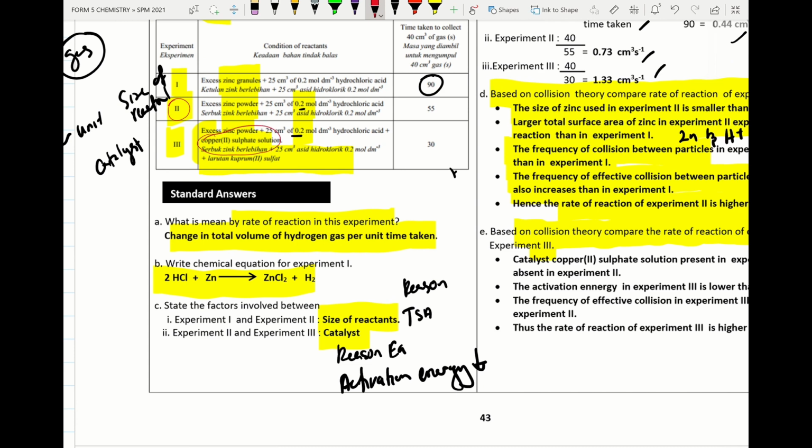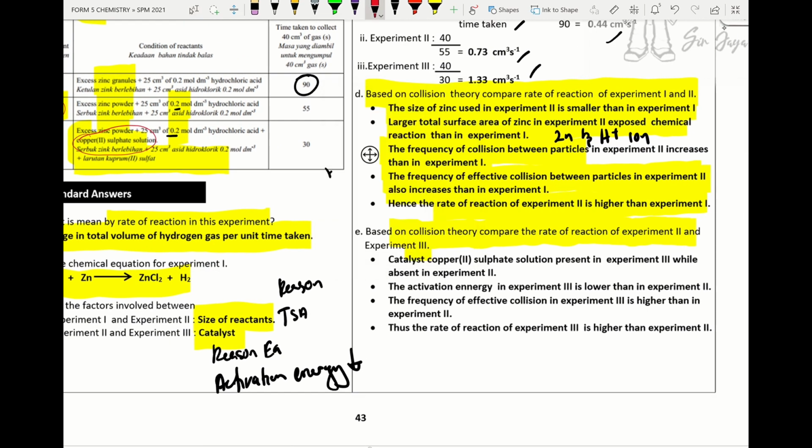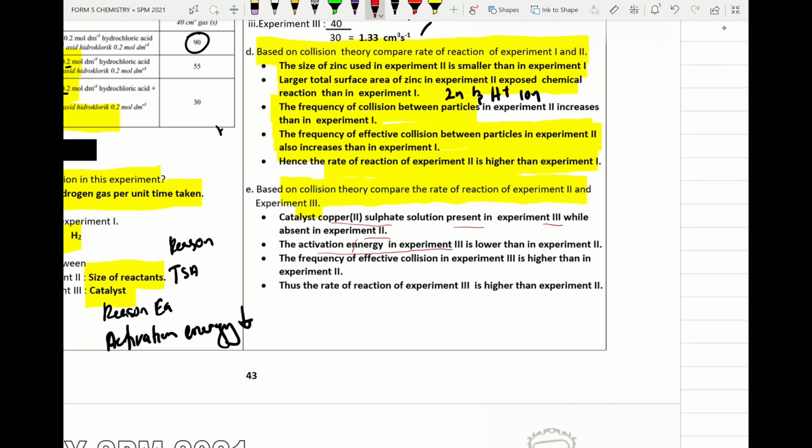So catalyst copper 2 sulfate solution is present in experiment 3 while absent in experiment 2. The activation energy of reacting particles in experiment 3 is lower than in experiment 2. The frequency of effective collision in experiment 3 is higher than experiment 2. Thus, the rate of reaction of experiment 3 is higher than experiment 2.